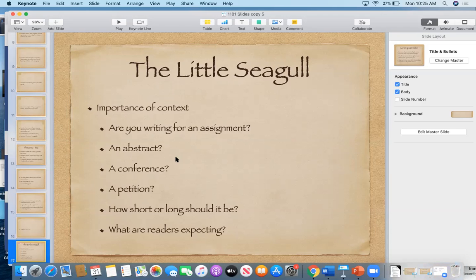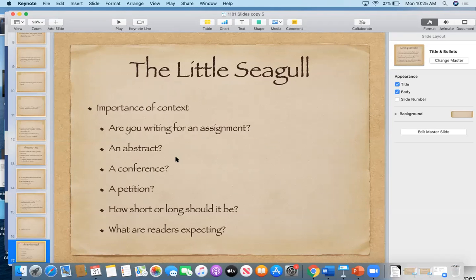Now, the interesting thing about abstracts is that for some of you going into fields like psychology, you'll be using APA format. Technically speaking, APA format requires an abstract. So that's something to consider. Just a short, brief introduction to your paper.